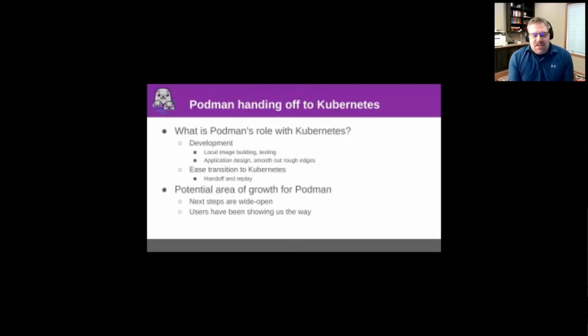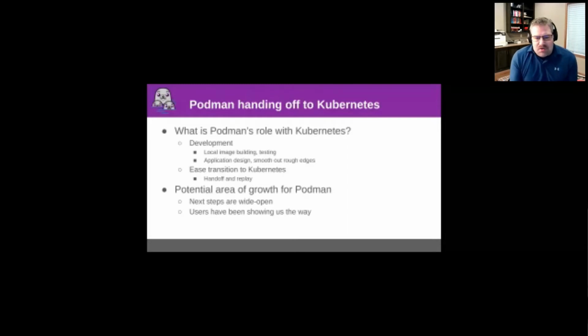But the idea is that Podman on a single node could be used to help a user, maybe even a user that's not all that up to speed with Kubernetes, take a development application and get that into Kubernetes with a smooth transition, without really knowing too much about YAML files. That seems to be a bit of a stumbling block. So that's where we see Podman, and that's where we think that we can grow in the future.